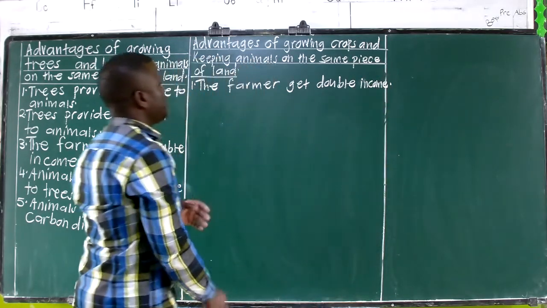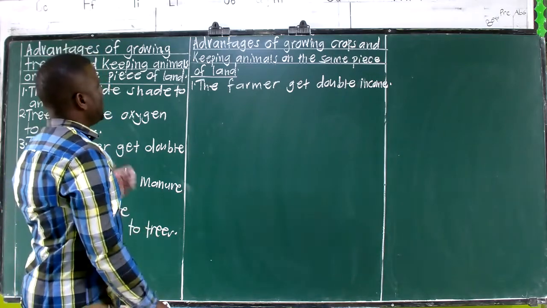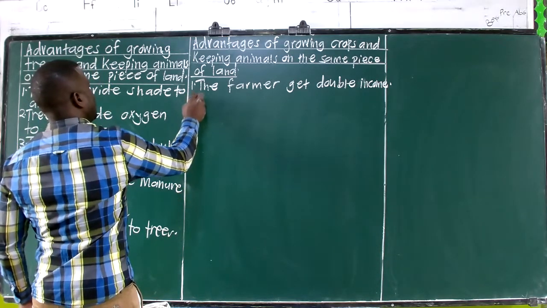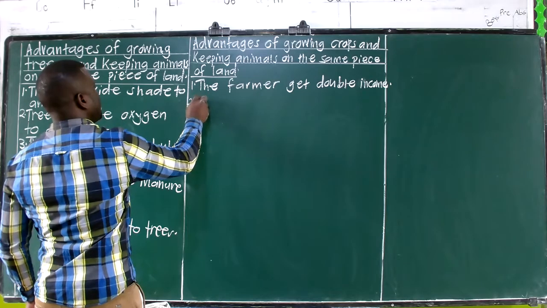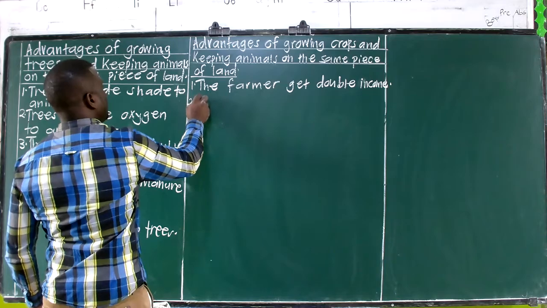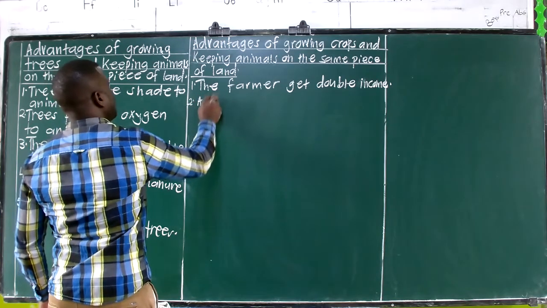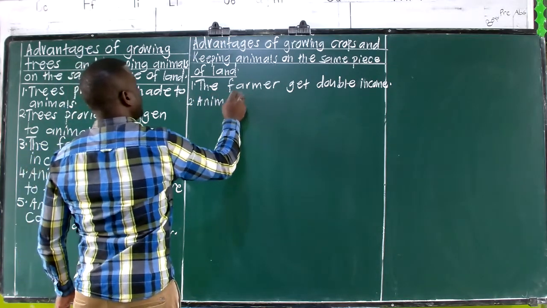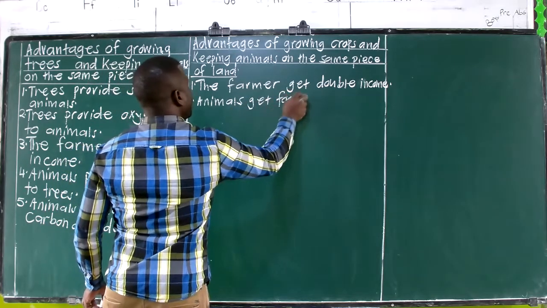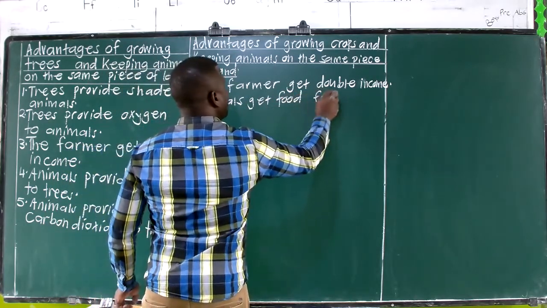The first income is from crops, the next income he gets from animals. Then number two, animals get food from crops.